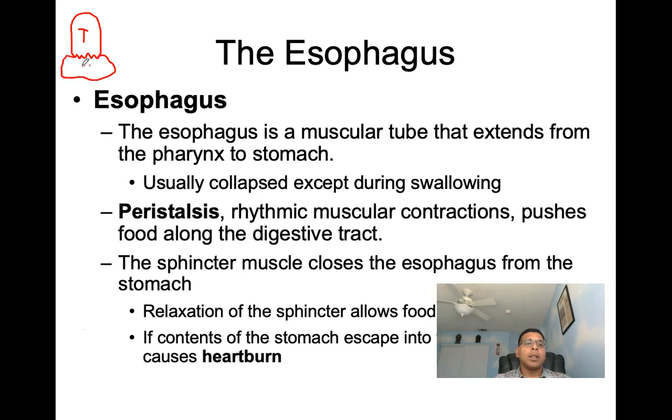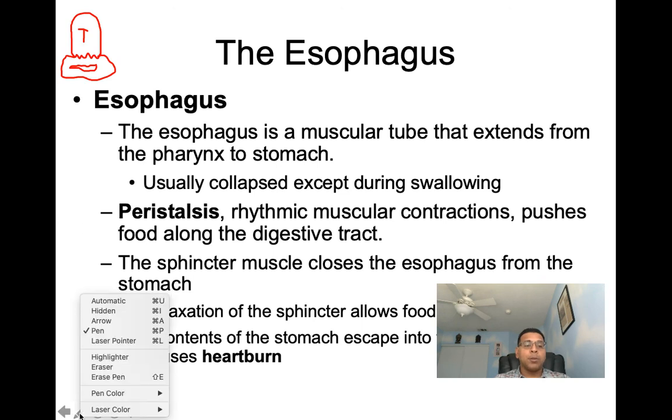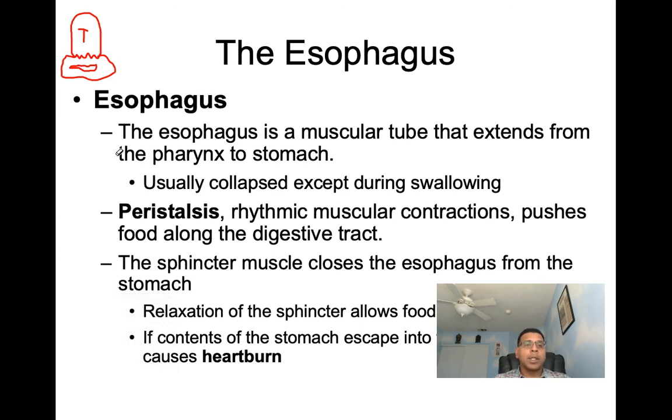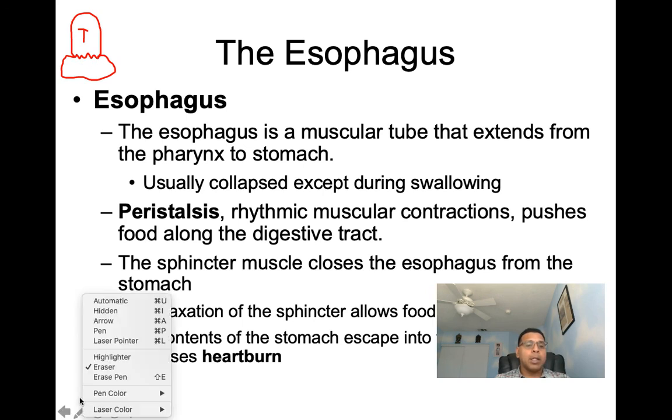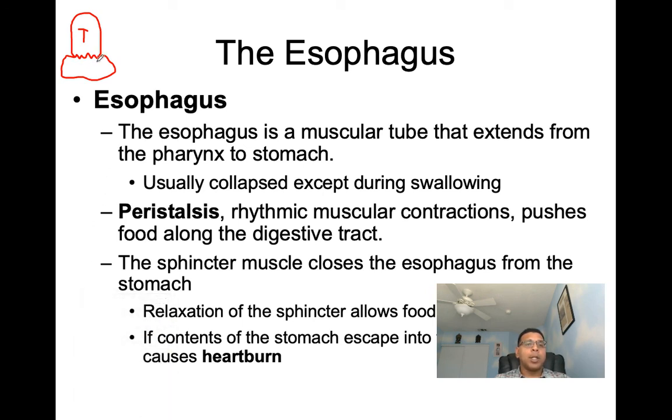So here we can see, basically, when it's not involved in helping to move food along, it's collapsed like we can see here in this picture. But when it's actually helping to move food along, this center is going to open up even more. So now that center is going to be widened out a bit. It will look something more like this. So it's not considered collapsed anymore.